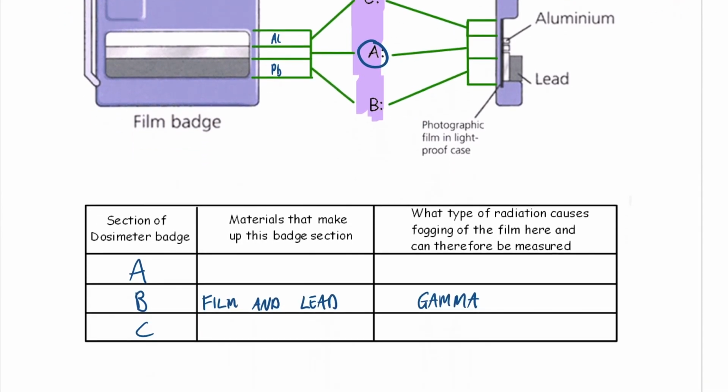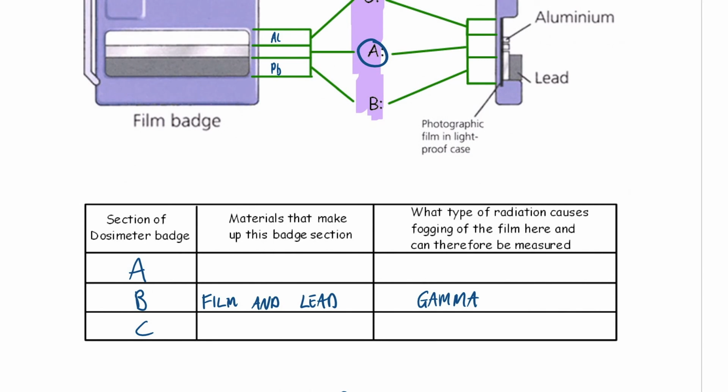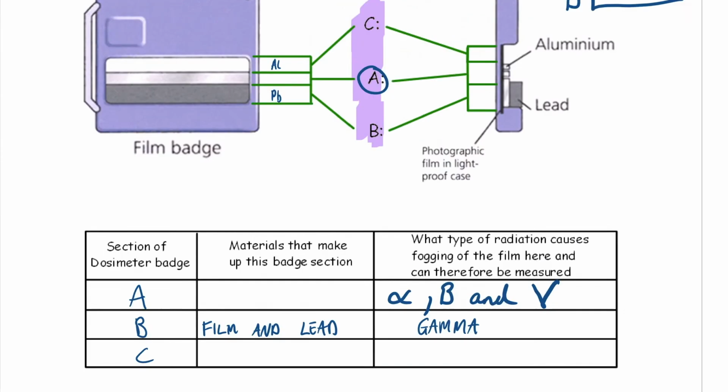So that means that alpha, beta and gamma can all have an impact on the exposure.